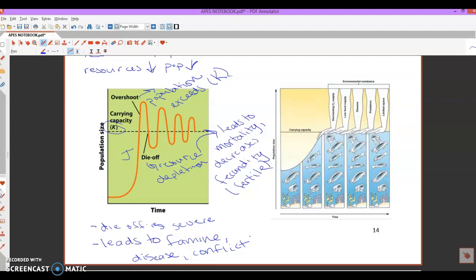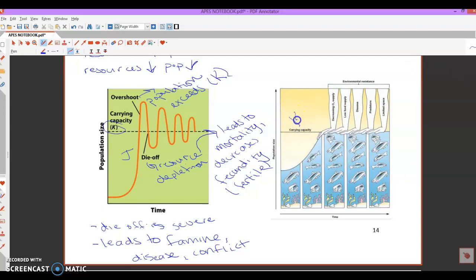Okay? So this next picture is showing what can impact the population growth in an aquatic environment. It's basically the same thing. What resources are available? Here we have our carrying capacity.